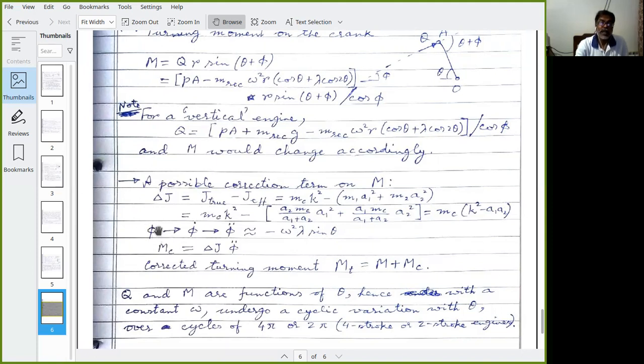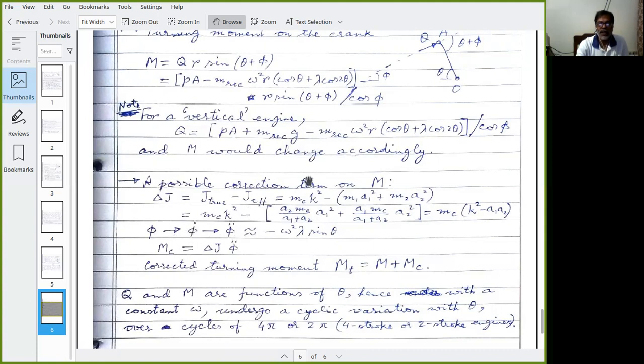We know phi; sin phi we express in terms of sin theta. If you differentiate that expression twice, you get something for phi dot and something for phi double dot. Then use our earlier assumption of theta double dot equal to 0, and the rest will be in terms of phi dot squared and theta dot squared.